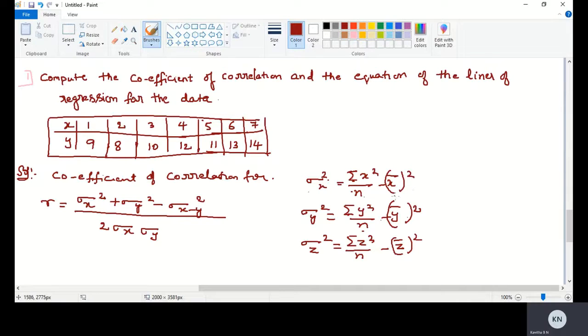Okay, and observe here, we need to find x bar, y bar and z bar. X bar is equal to summation of x by n, y bar is equal to summation of y by n, z bar is equal to summation of z by n.